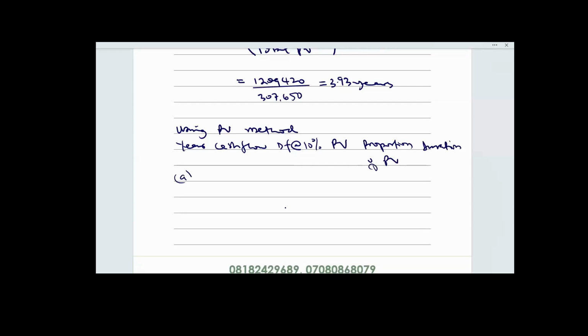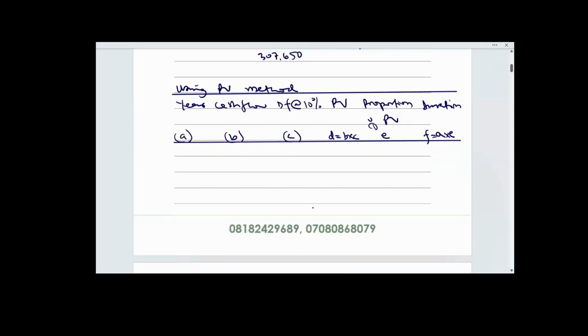This is A, B, C, D equal to B times C, then E, F equal to A times E. So year 2, year 3, year 4, year 5, then year 6.